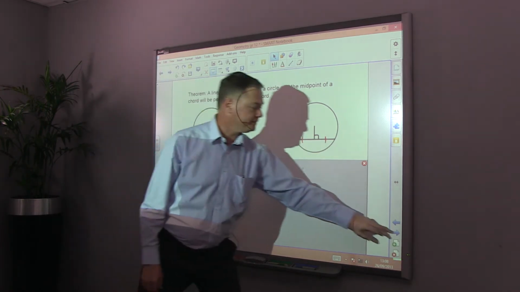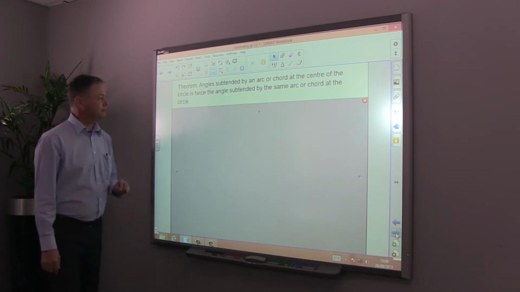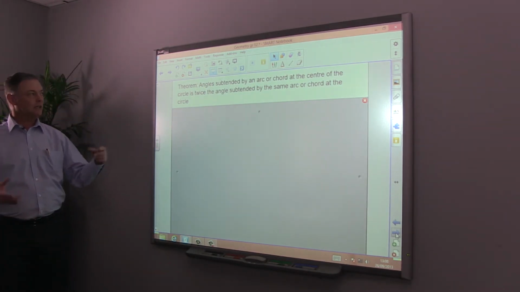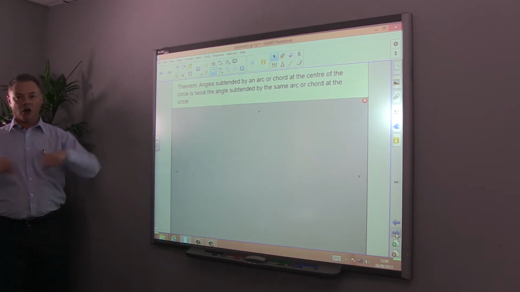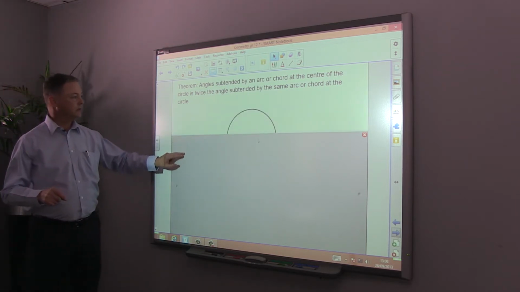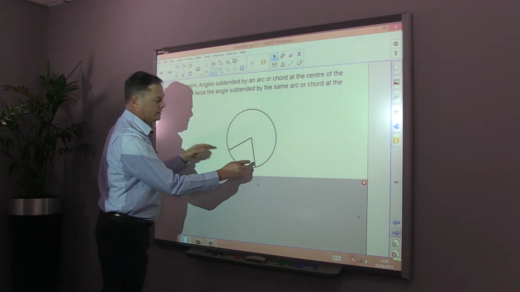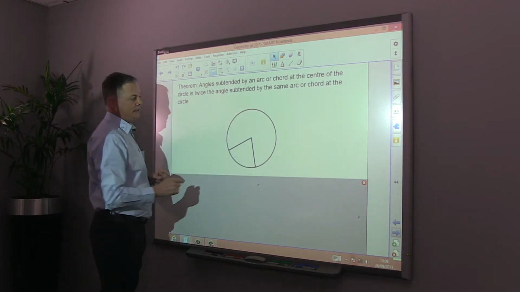That's the first theorem. The second one, now the word subtends you haven't maybe heard of, but basically an angle stands on an arc or a chord. Okay, so there is an arc, this angle stands on it. So that's what subtends means.